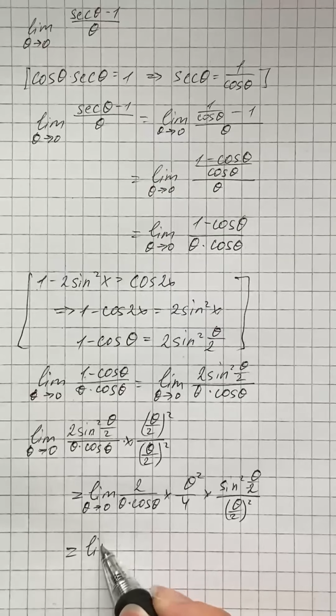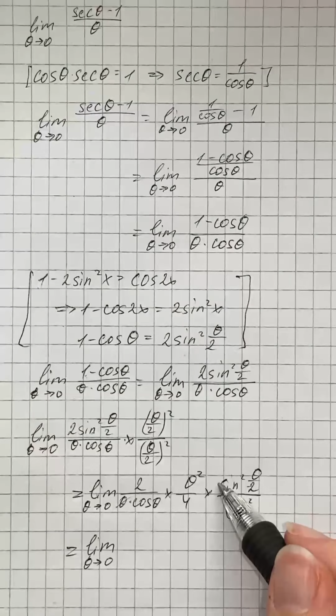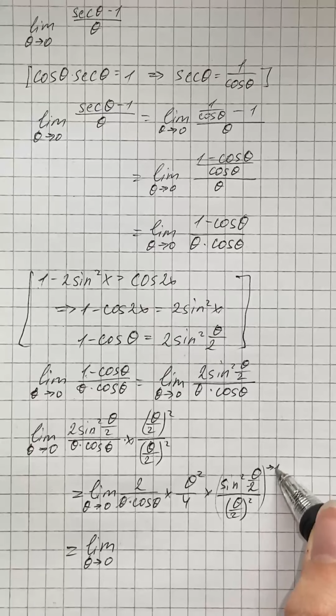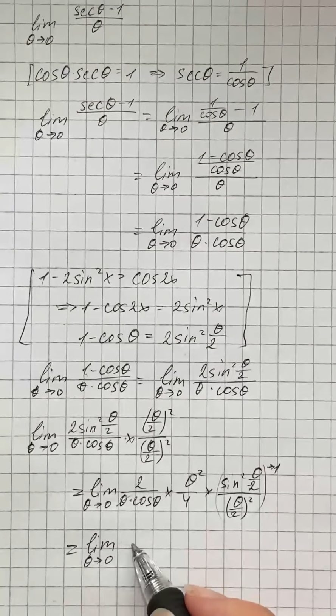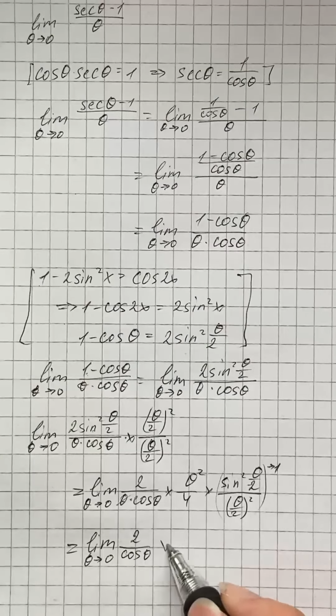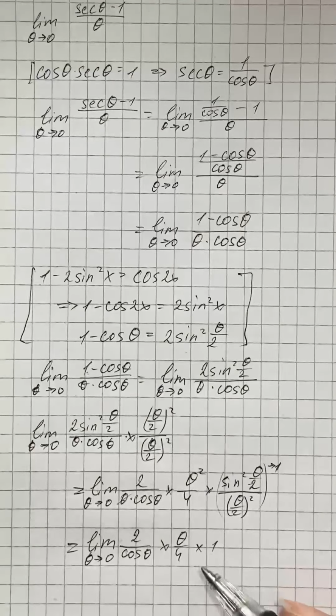Then we get the limit as theta approaches 0. Then we can cancel theta, and this approaches 0, close to 1. So that's going to be 2 over cosine of theta times theta over 4 and times 1.